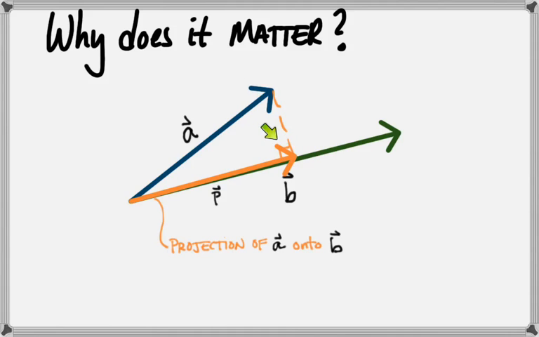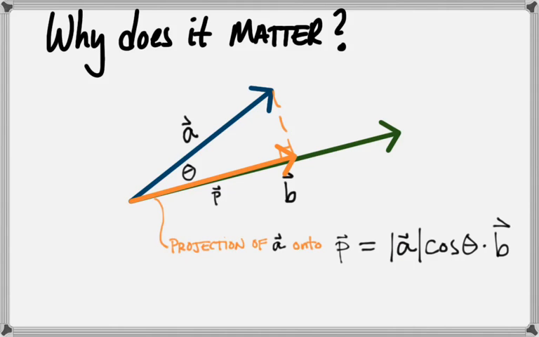So it's getting projected down towards that vector B along the same direction as vector B. All right, so that's our projection, and it is a vector. So we scale this value, basically that length, times vector B, and that gives us our projection.